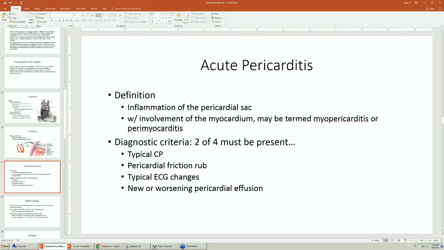And so instead of being acute inferior, like an acute inferior wall MI, or acute anterior, it's acute inferior, anterior, lateral. And so everything has ST segment changes, and there are no reciprocal changes. And then fluid around the heart seen on echocardiogram, because that's what we do on anybody who has a heart issue: they get an echocardiogram.